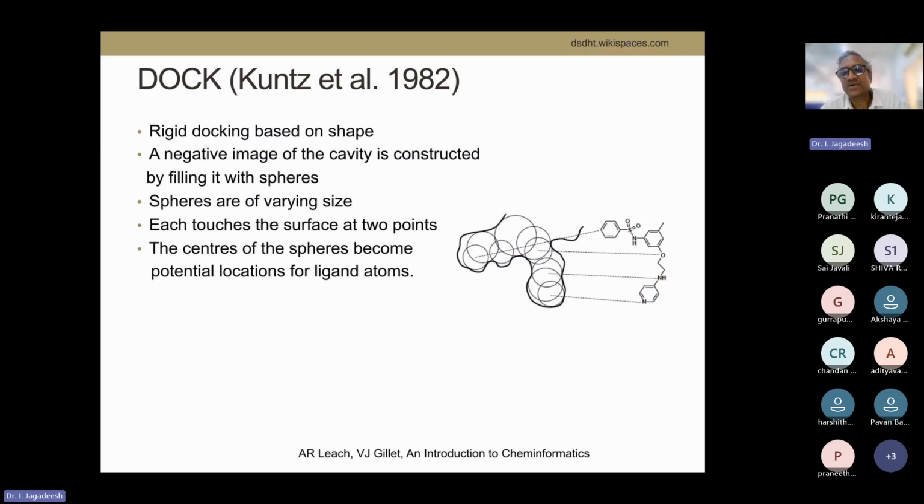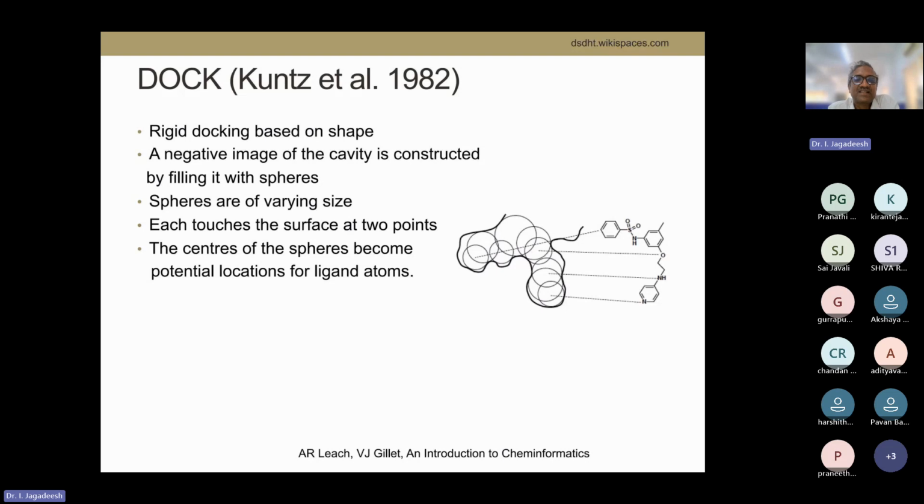Based on this, now we are going to see. In two dimensions, we find it with Euclidean spaces, triangles and edges. Now we are seeing the radius of the sphere, which is present with the affinity of each atom in the dock. So rigid docking is based on shape. A negative image of the cavity is constructed by filling it with spheres, of varying size depending upon the atom type.